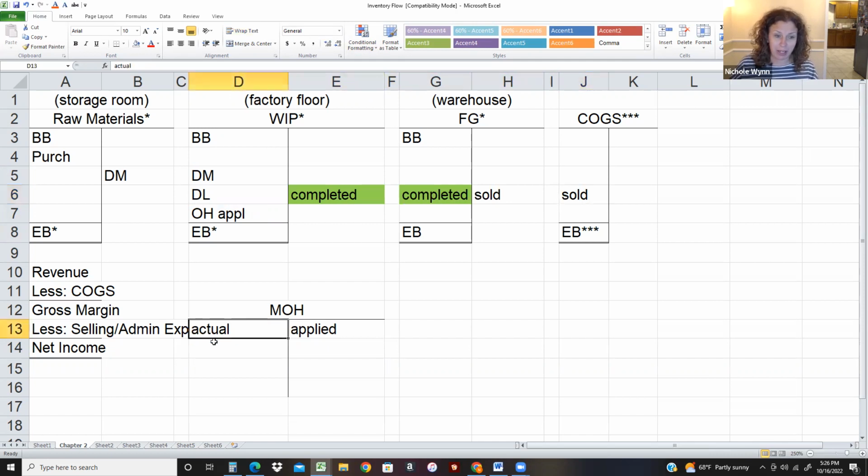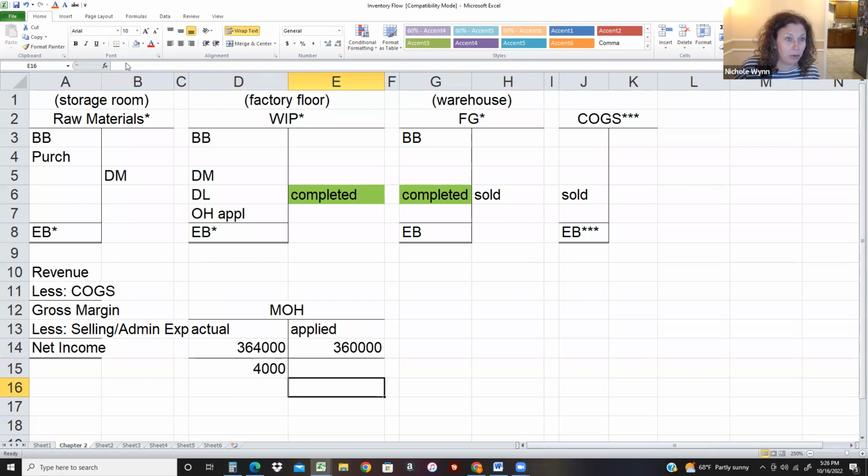In this situation, I had 364 over here, and I had 360 over here. So the balance in this account is 4 as a debit. To close it, I need to credit because that will bring it to 0. So I'm going to put a number over on the credit side, and that will get rid of the balance.